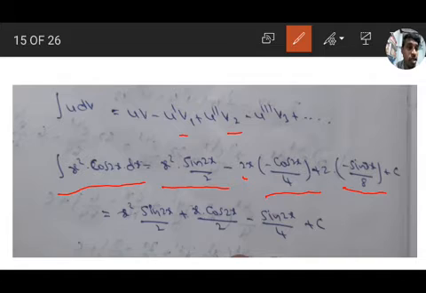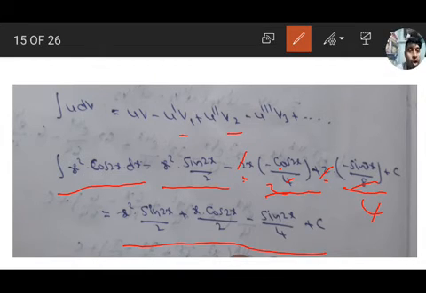So simplification: minus minus is plus, and here plus into minus is minus, and the 2 4s are 8, the 2 2s are 4. So x square into sin 2x by 2 plus x into cos 2x by 2 minus sin 2x by 4 plus C is the answer.